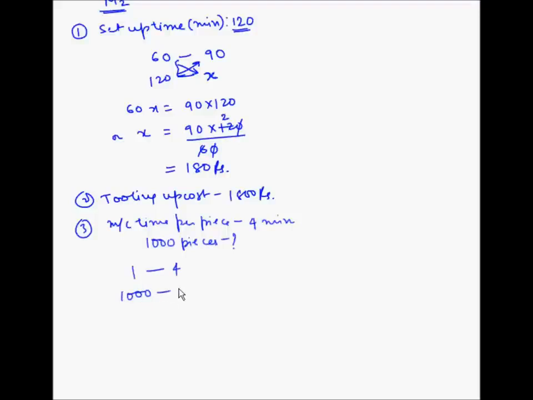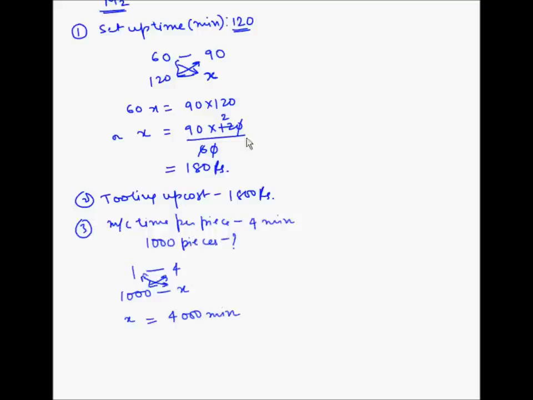For 1000 pieces, let's say it is X. So cross multiplication. X multiplied by 1 is X, is equal to 4 multiplied by 1000 is 4000. So 4000 minutes are required for processing 1000 pieces on M2.